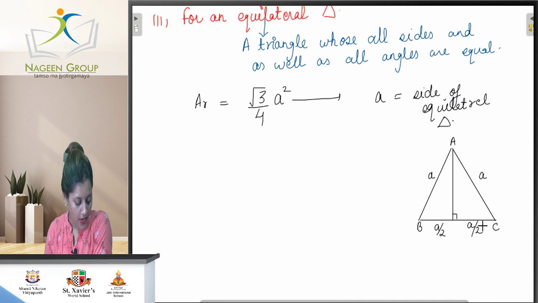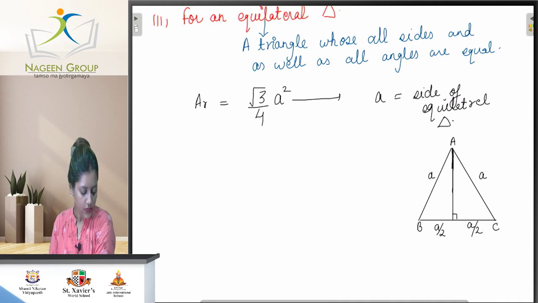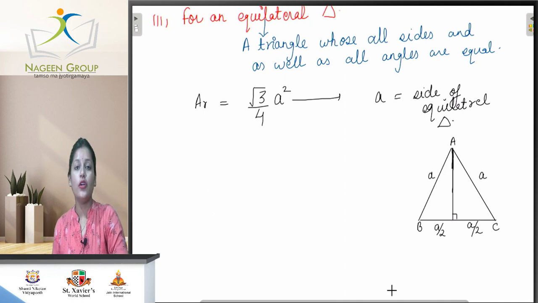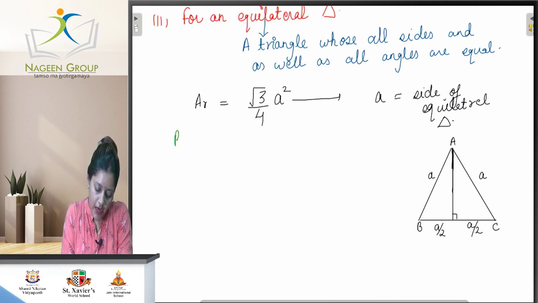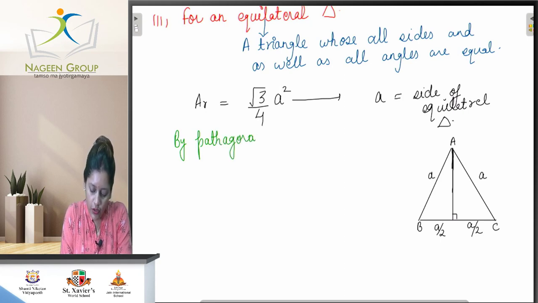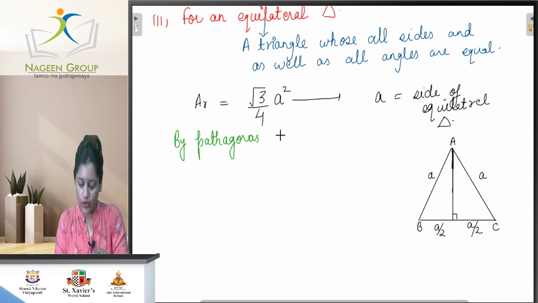Okay. Now you have to find the height of the triangle. So we are going to use the Pythagoras theorem. I already told you about the Pythagoras theorem. If you have forgotten, no problem, I am going to tell it here only.